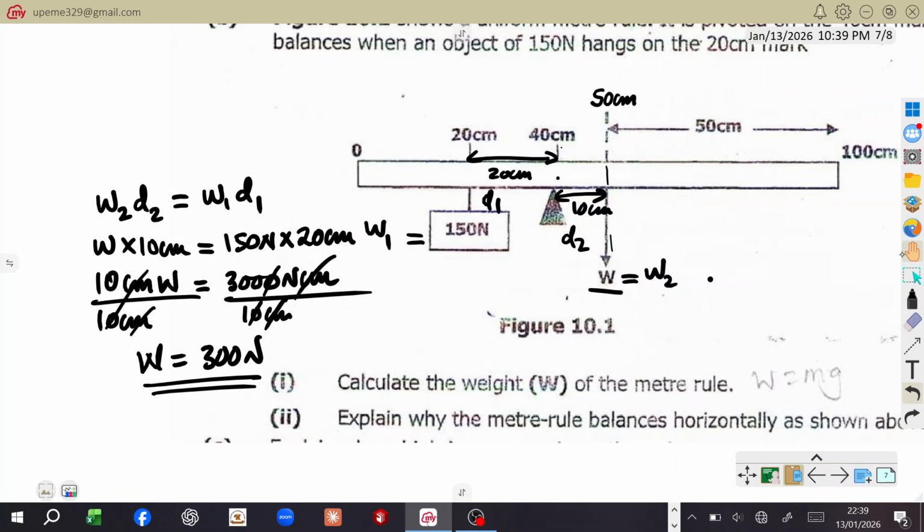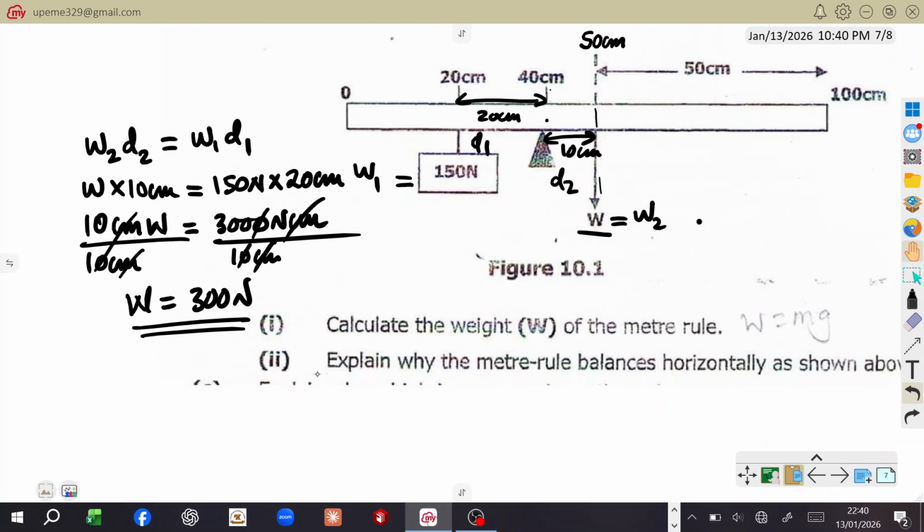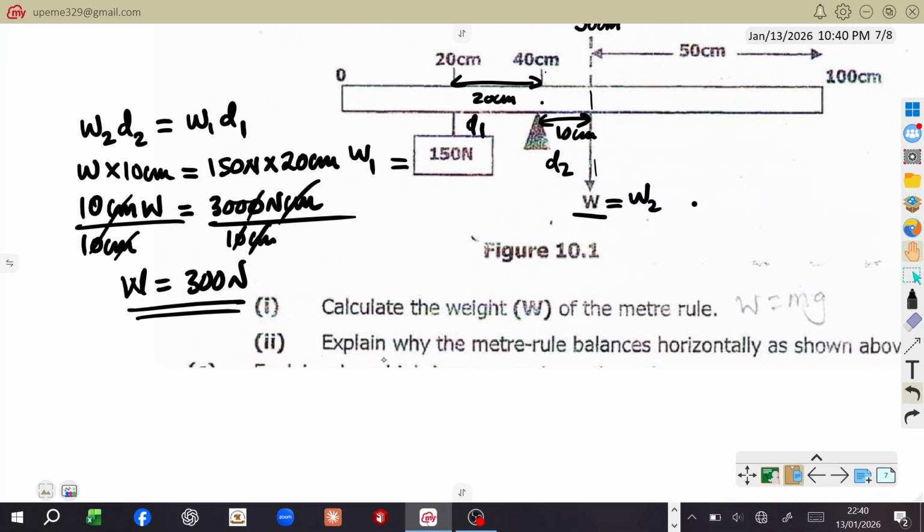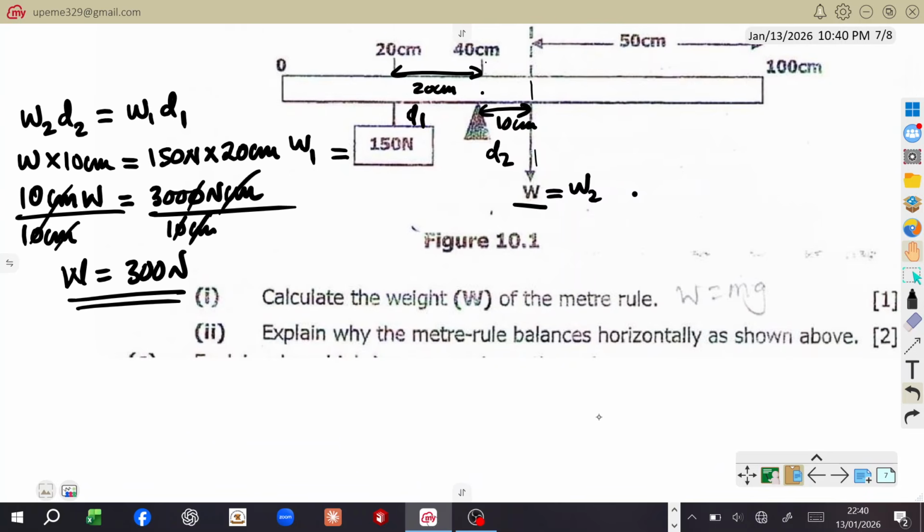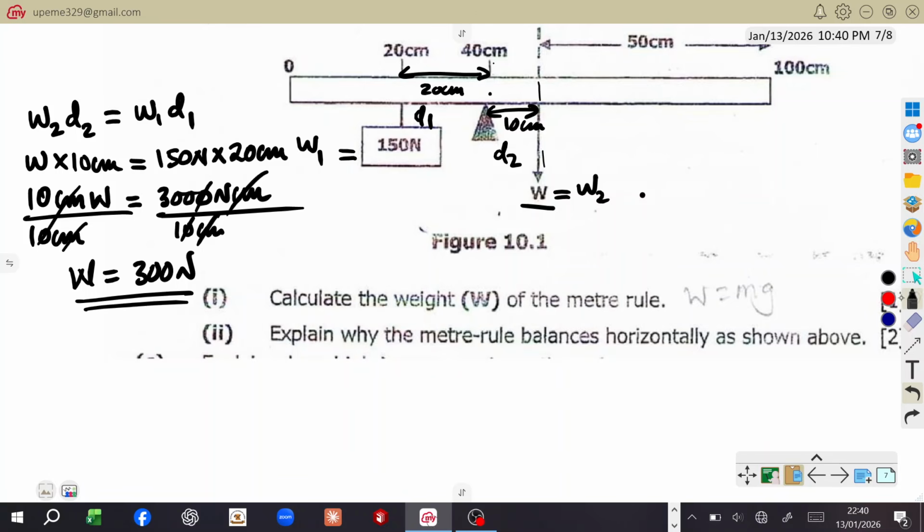Okay. Then they are saying explain why the meter rule balances horizontally as shown. Because the anticlockwise moment is equal to the clockwise moment.